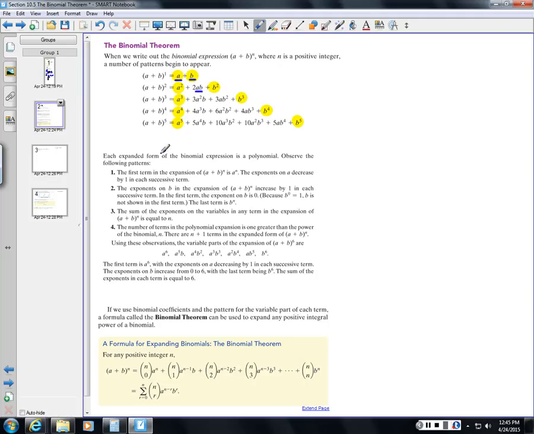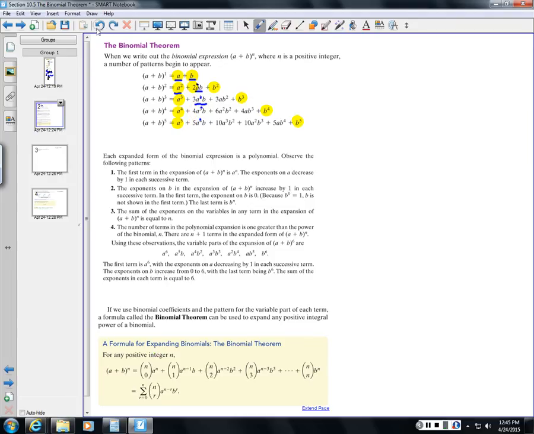Next we have the a squared, and then the a squared moves here, and then times the b. And then down, it goes from a squared, a cubed, a to the 4th. There's lots of patterns you can go through, and I'm not going to pick out all these patterns for you, because you can look at them and see what's happening as we grow each step by step. The coefficients here go 2, 3, 4, 5.